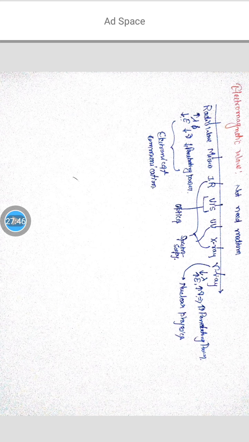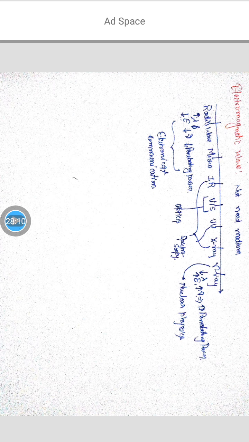So you must remember this spectrum. Why? Because when you study optics, you must know about the visible spectrum, the light waves from 4000 angstrom to 8000 angstrom.